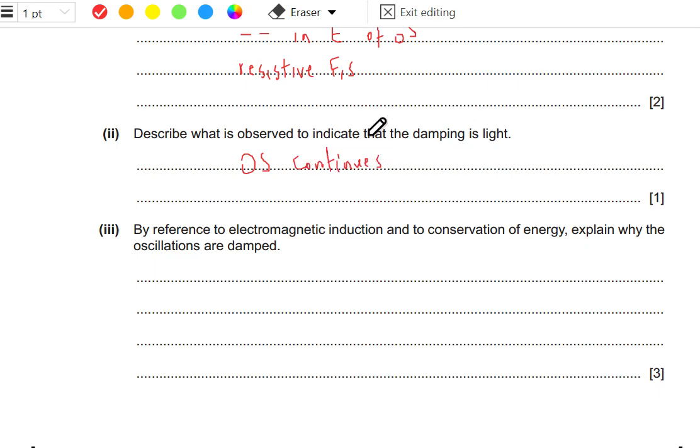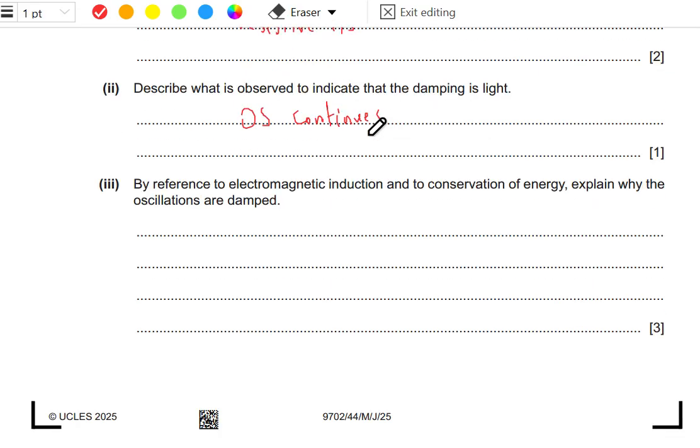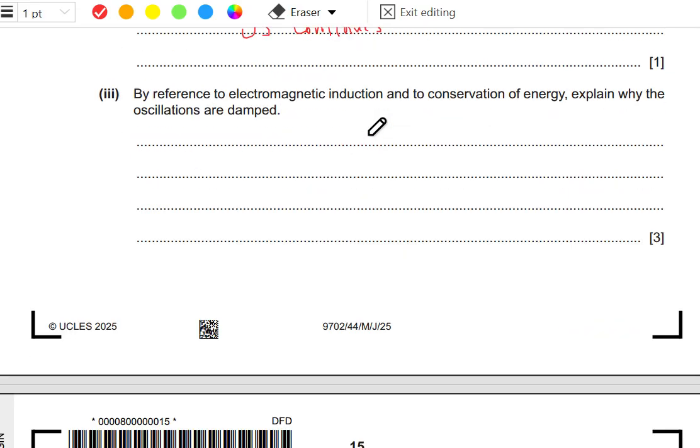By reference to EM induction and the conservation of energy, explain why oscillations are damped. Oscillation changes phi with respect to time, which leads to induced EMF or induced current.